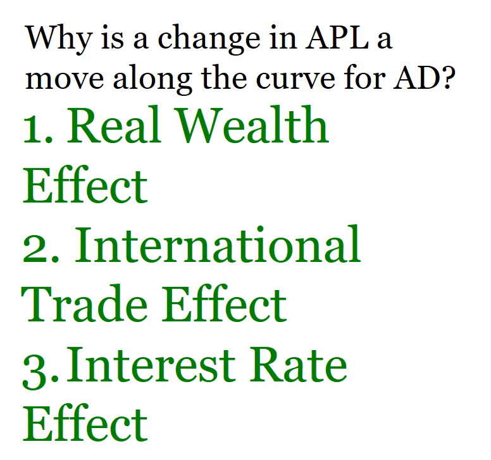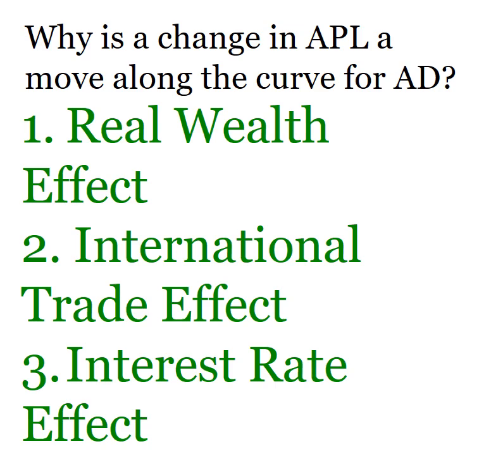Knowing that APL is the move along the curve for aggregate demand, there are actually a few reasons why, and effects that aggregate price level changes will have on the economy as a whole. And there are three reasons why a change in APL leads to a move along the curve, a change in the quantity of aggregate demand. And that will be the real wealth effect.